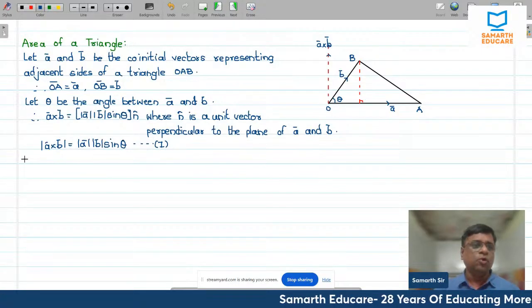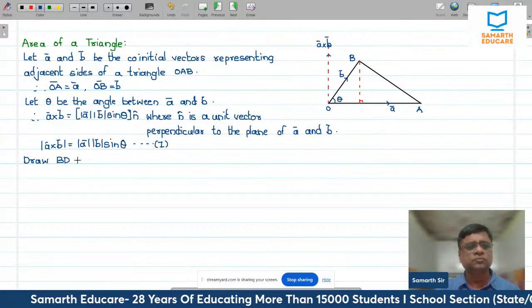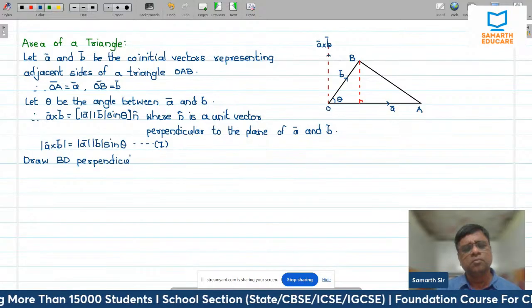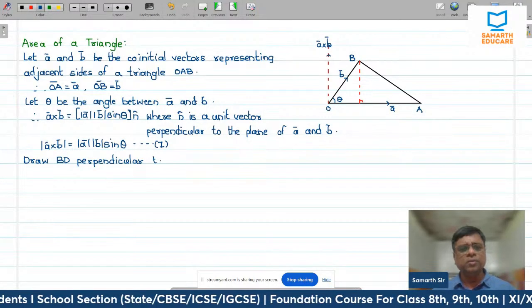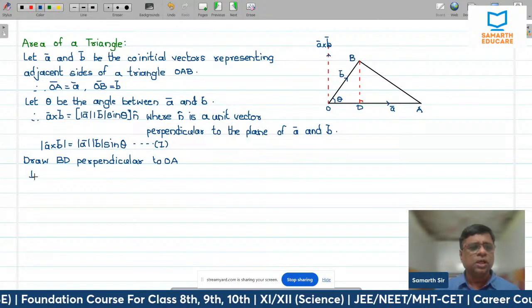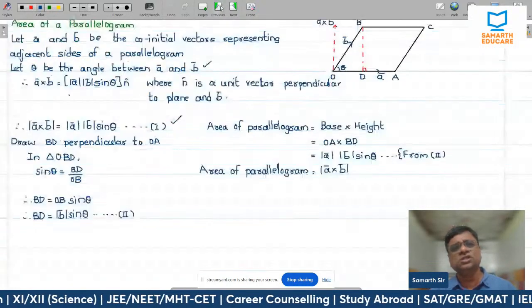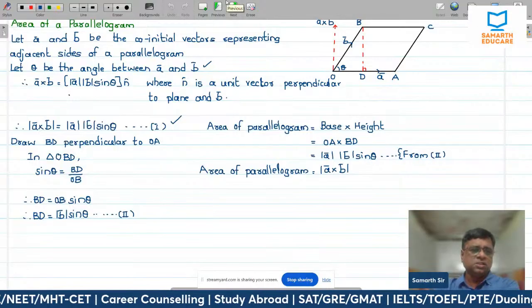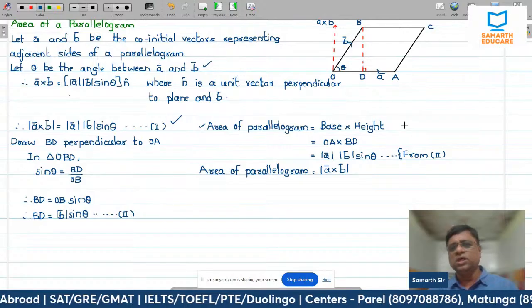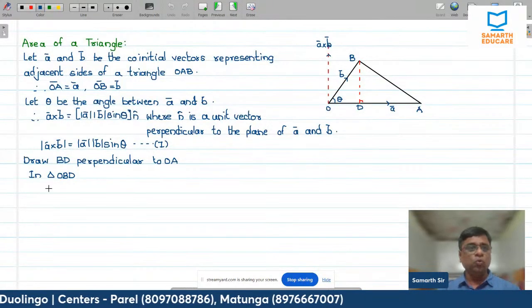All right, now once again the same thing, draw BD perpendicular to OA. So this is your D. Now in triangle OBD, I am not changing anything; most of the changes will start from this step. So BD is perpendicular to OA. In triangle OBD, what is sin theta?